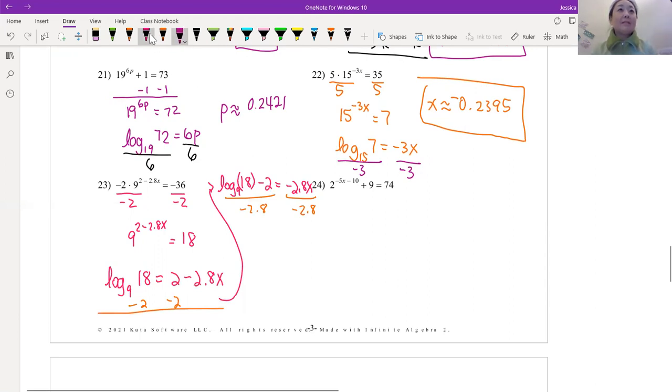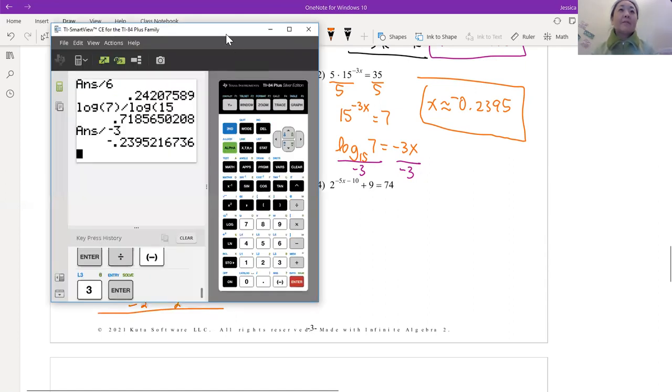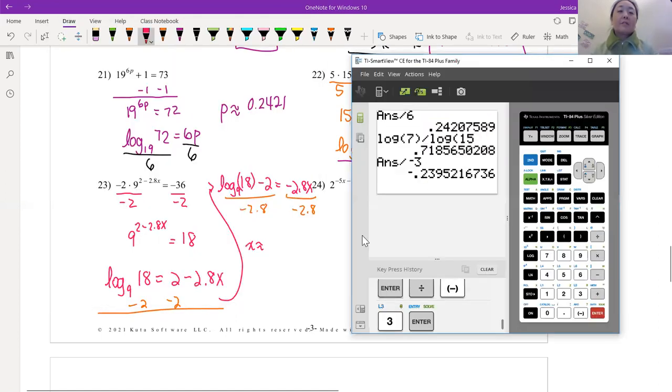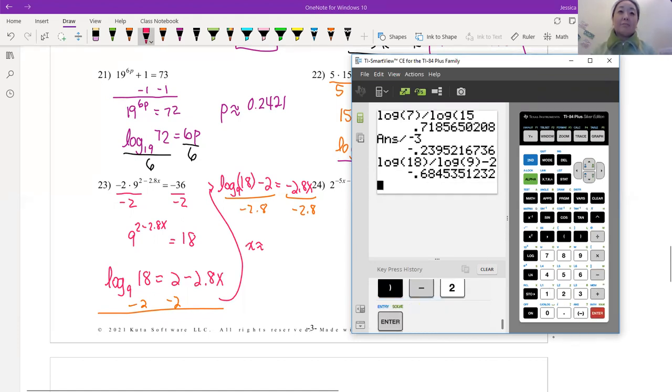Are you ready? So x is going to be the log of 18 divided by the log of 9. And I'm just doing the top part, -2. And I'm pushing enter right now.